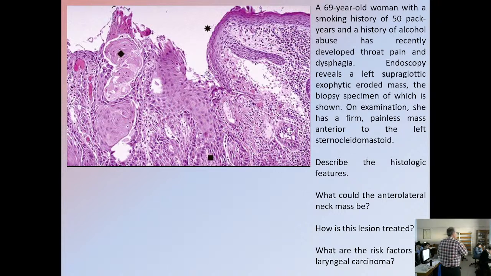So the surgeon must remove what else? Since the risk for lymph node metastasis is increased in cancers located on the upper part of the larynx, because there are many lymphatic vessels passing there.